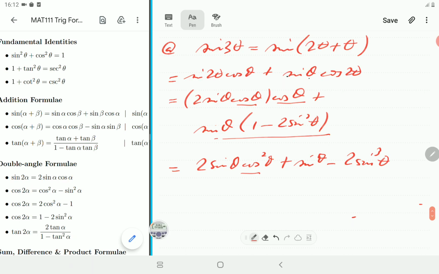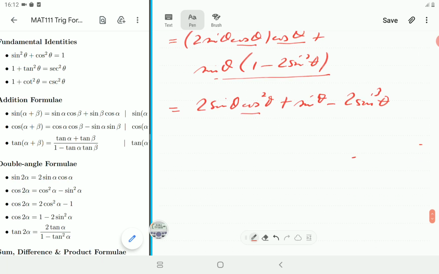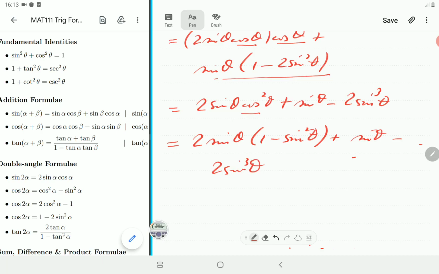It's just this term which is still in terms of cosine, but from the fundamental identity of trigonometry, we know that cosine squared theta is the same as 1 minus sine squared theta. So plus sine theta there minus 2 sine cubed theta.